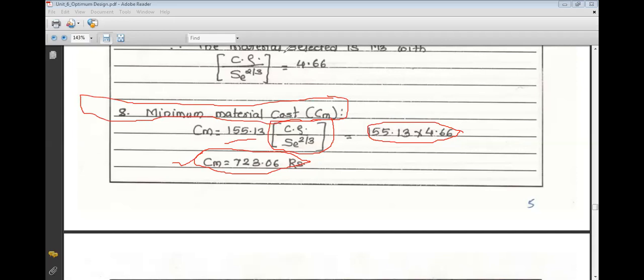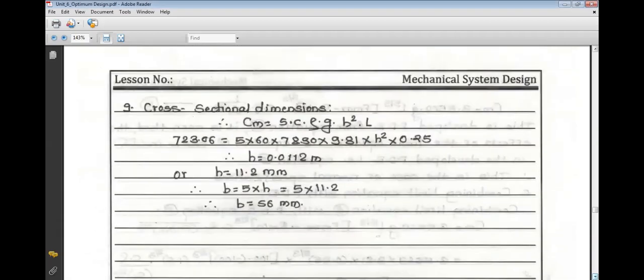Now next we have to calculate the dimensions, that is width and depth. We know the primary design equation, Cm equals 5 c rho g h square into L. The value of Cm is known, 723.06.